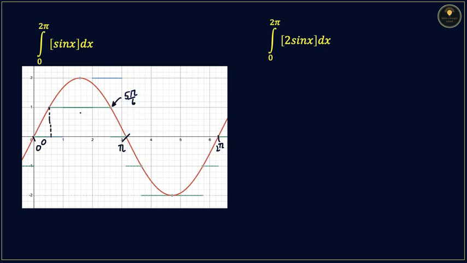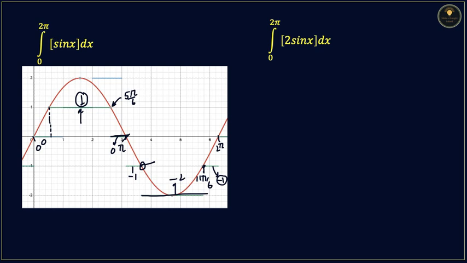From pi by 6 till 5 pi by 6, you are getting the value equal to 1. Then 5 pi by 6 till pi, you are getting again 0. From pi till 7 pi by 6, you will get the value equal to minus 1. Till 11 pi by 6, you will get the answer equal to minus 2. From 11 pi by 6 till 2 pi, you will get again the answer equal to minus 1. This is the interval that you can see.